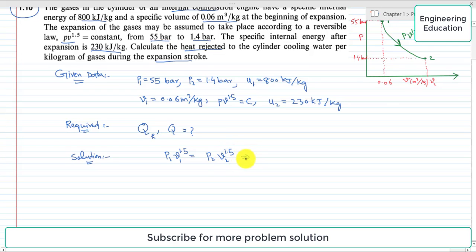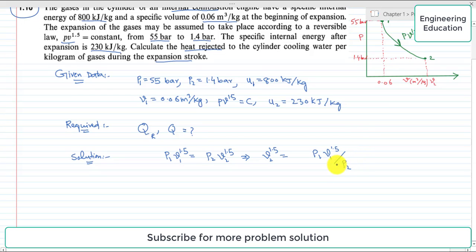In this case, P1, V1 and P2 are known to us, only V2 is unknown. So V2^1.5 will be equal to P1 V1^1.5 over P2.